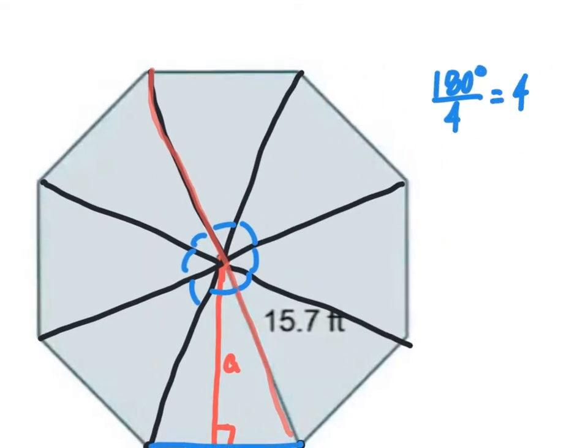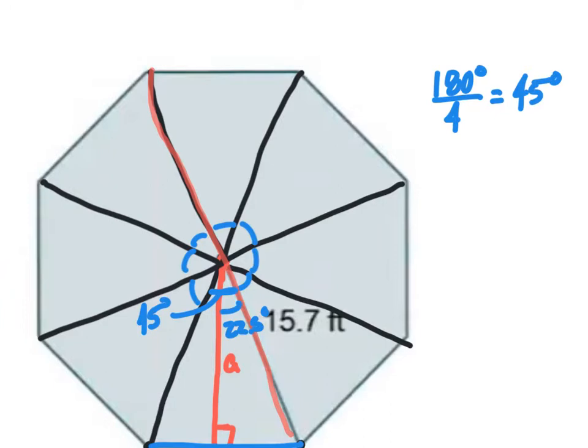Now I want to cut that angle in half because I'm really concerned about this angle here. So 45 divided by 2 is 22.5. I know that this angle is 22.5 degrees.